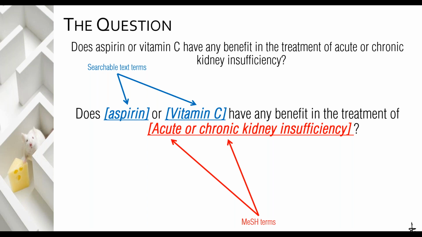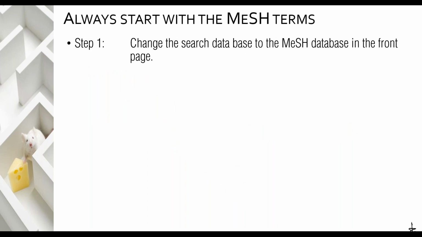The text searchable terms are aspirin and vitamin C, and the mesh terms are acute and chronic kidney insufficiency. The mesh term is the medical subject heading. Aspirin is not a medical subject. The medical subject heading is usually a disease or condition. So this is the difference between the text and the mesh.